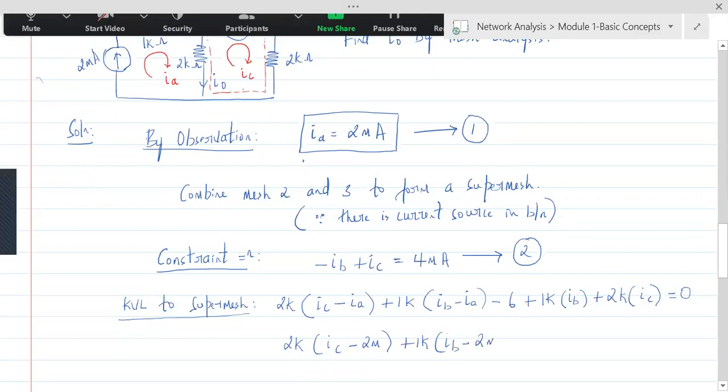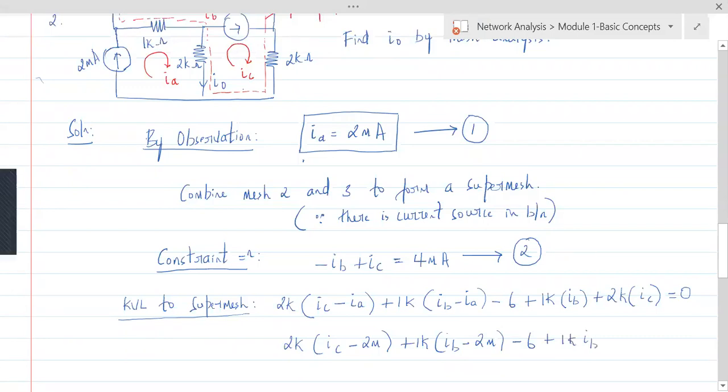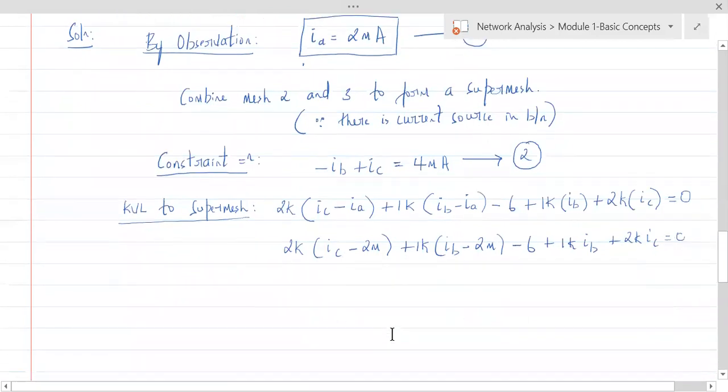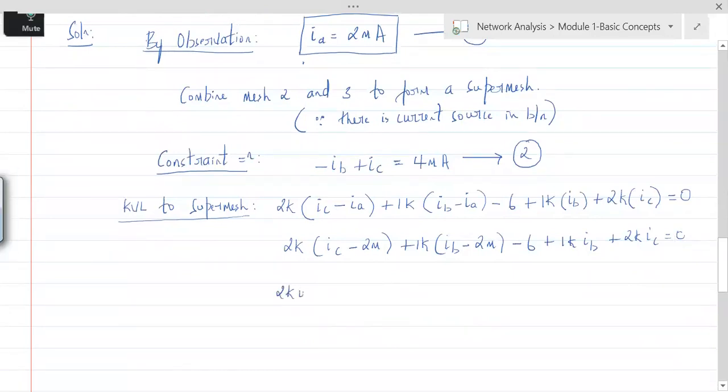This is how we need to write. Minus 6 plus 1K IB plus 2K IC. Now when you look at how many IBs are there, how many ICs are there, and the constants, we need to push them to the right hand side. So let's write that equation also. It's 2K IC.